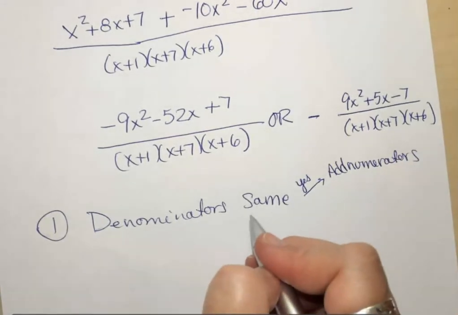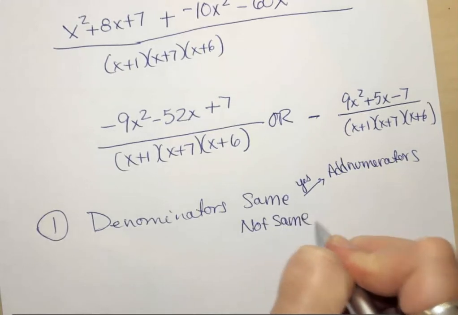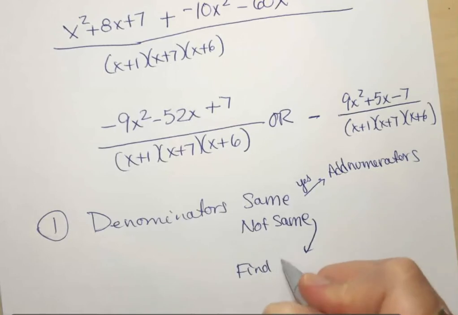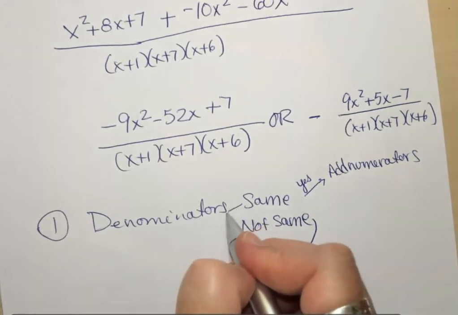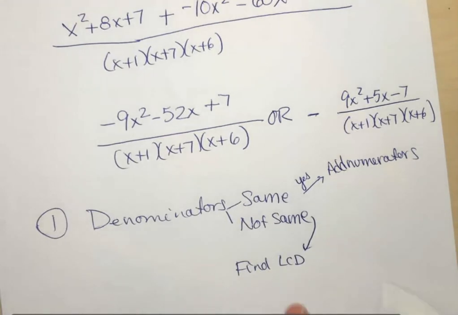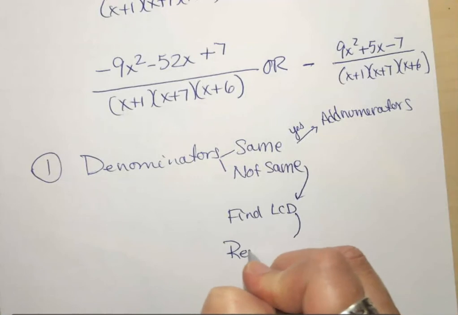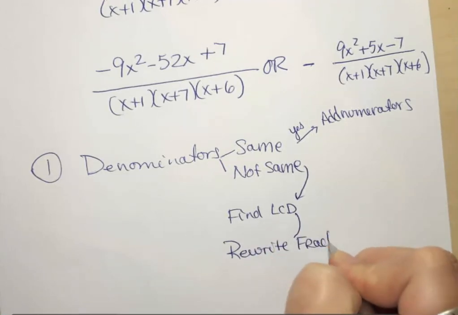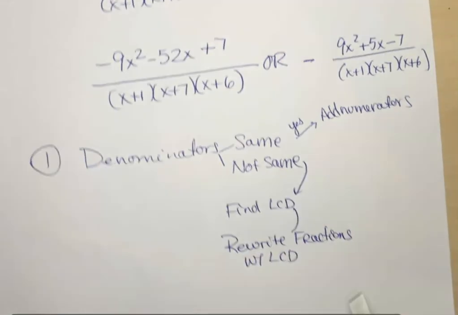If they are not the same, then we are going to find an LCD. Once we find our LCD, then we're going to rewrite fractions with the LCD.